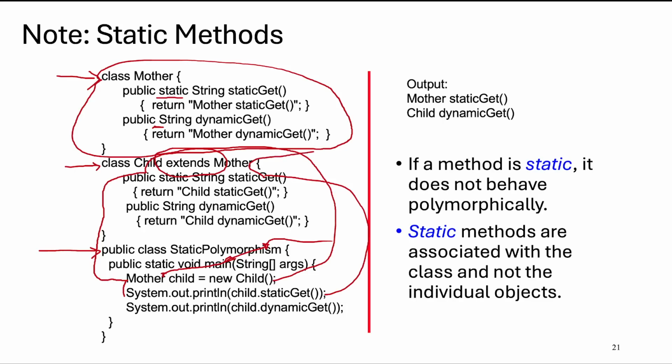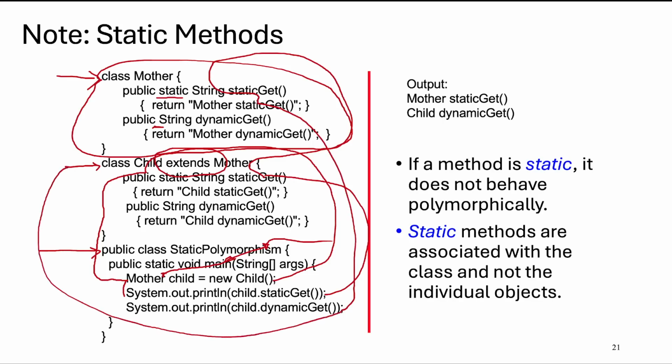So the function will go to Mother, enters into the static, prints the return statement Mother static get, and then comes back. And when we say child.dynamicGet, the Java compiler enters into the Child and sees this dynamic get is not a static method, so it simply enters inside, prints the child dynamic get function and completes the program.